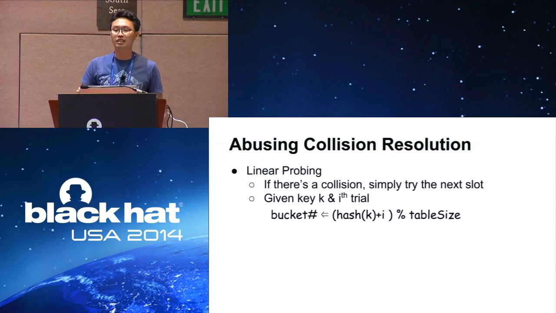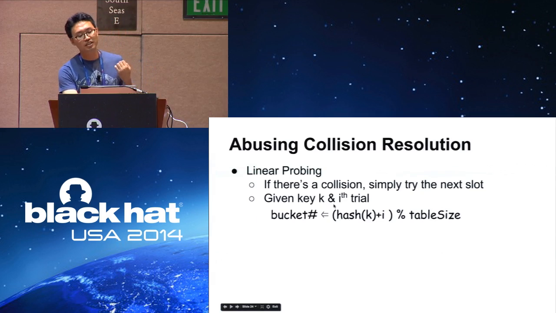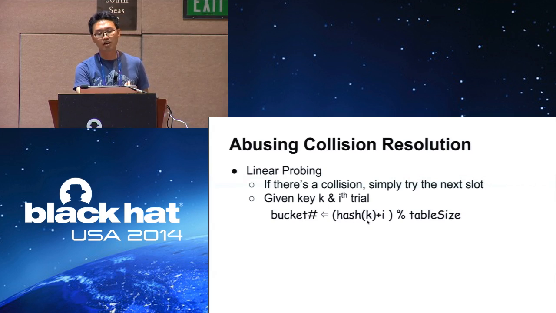You simply try the right next bucket. So in linear probing, if there is a collision, it simply tries the next slot. Given the key k, and if it is the ith try, then what it is doing is hash on the key k, plus i. So it's just a +1, and then you mod on the table size.